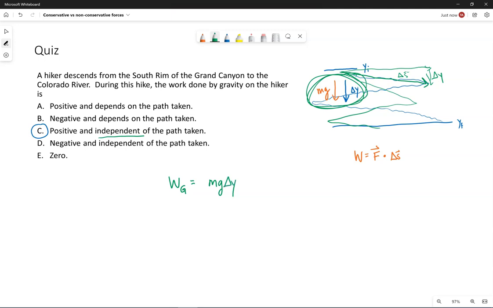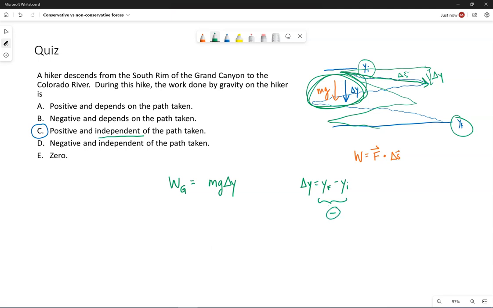Now, if I write the work done by gravity as mg delta y, and we remember that delta y specifically means y final minus y initial, y final is lower than y initial, so technically this is going to give us a negative answer.